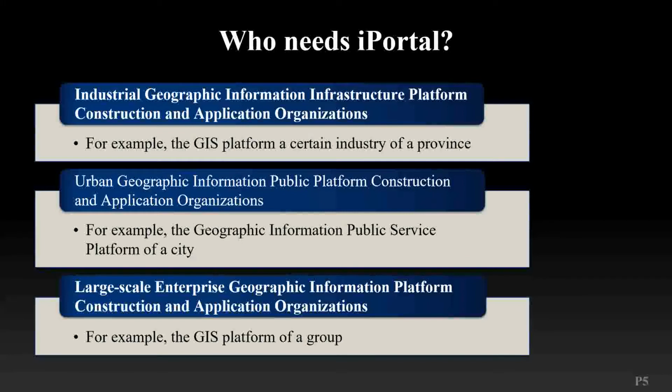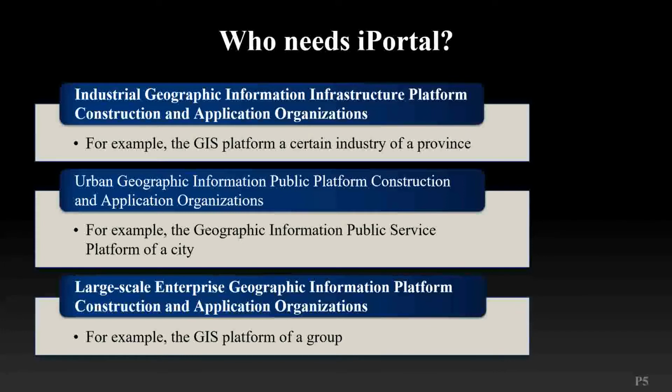And just now we were talking about services, right? But a resource is not only a service. It can also be data. It can be a map. Yeah, a map is different from a service. As we mentioned before, services have different types, like map service, data service, analysis service. But a map is a map. It's not a service. A map is different from a map service.